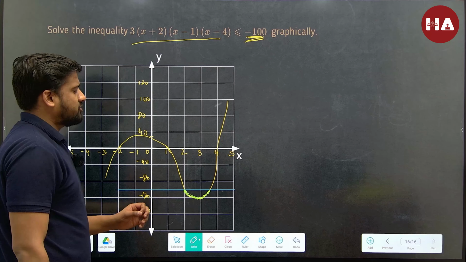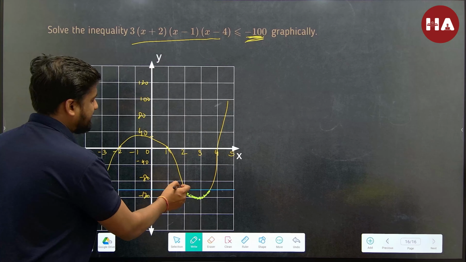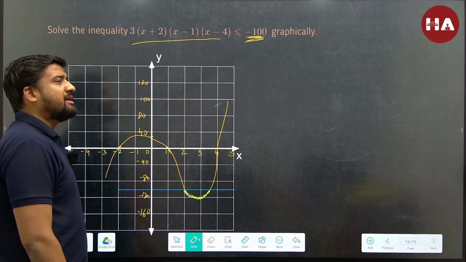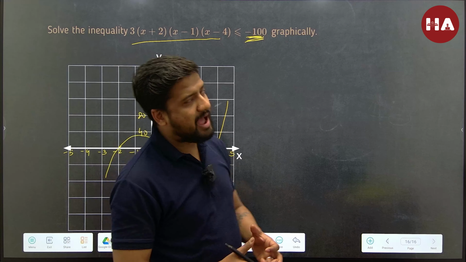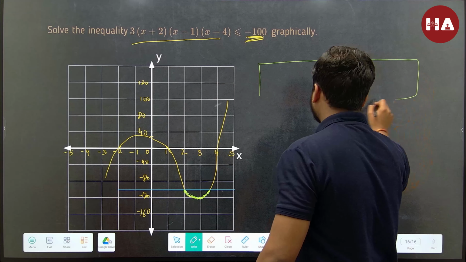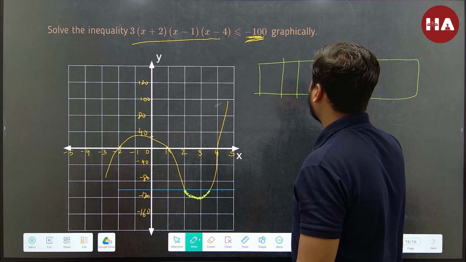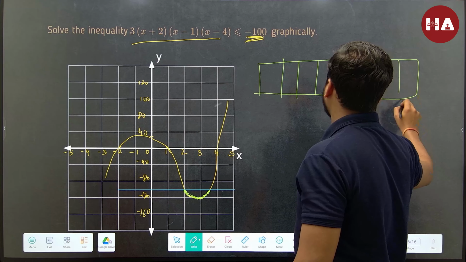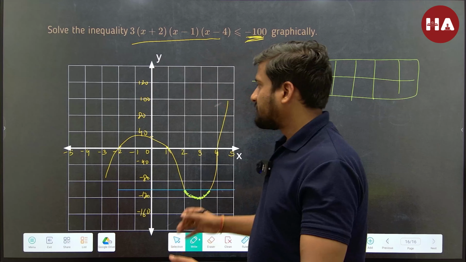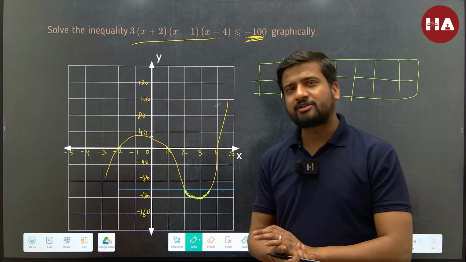Now all I need to do is find the intersection of this point and this point, and that will be my answer. And that can be done if we draw the exact table for this graph and find the exact graph. All right, so that's how we are going to solve this inequality.